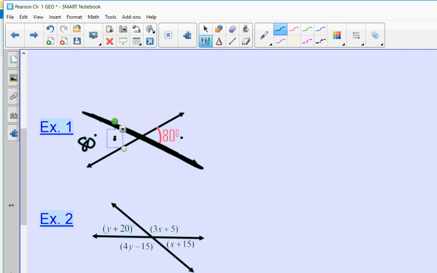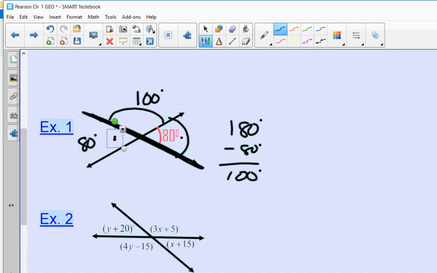That straight line is made up of this angle that they tell us is 80, but I got this other angle over here. Well, what should that angle measure be? Well, remember, a straight line is 180 degrees. So if I subtracted this 80 from it, that would give me this angle right here, which should be 100 degrees then. Okay?